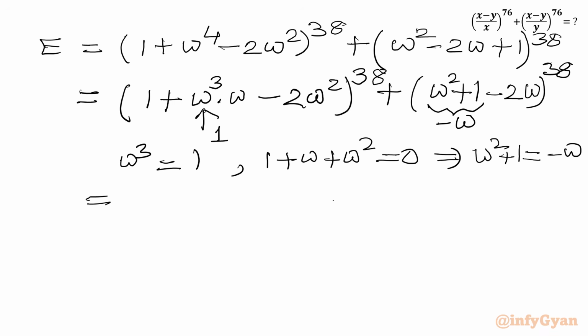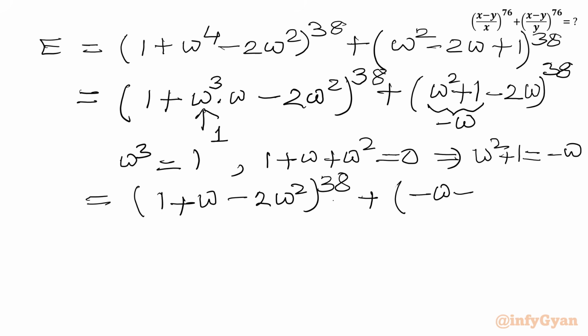Let's check what will come out. We will write here 1 + ω³ is 1, (ω − 2ω²) whole power 38, plus (−ω − 2ω) whole power 38.